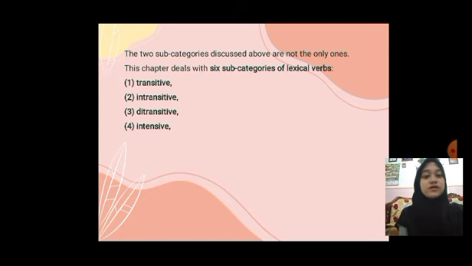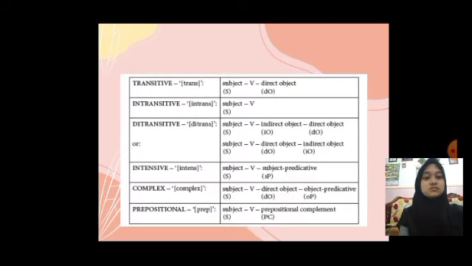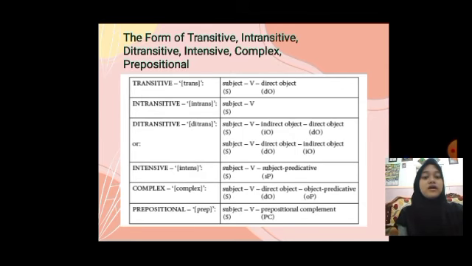Number 4, intensive. Number 5, complex transitive. Number 6, prepositional. And the forms of transitive, intransitive, ditransitive, intensive, complex, and prepositional.